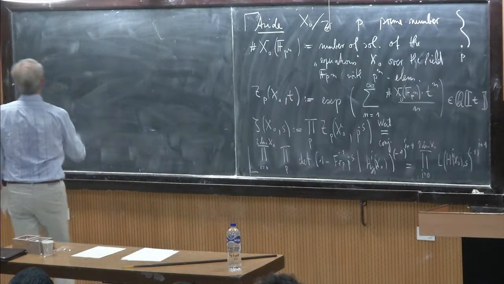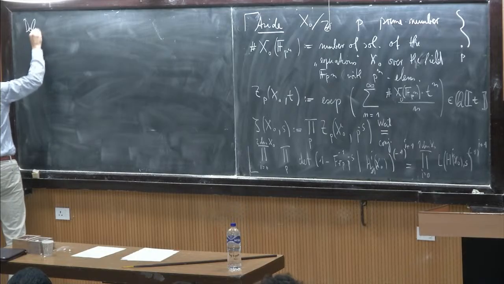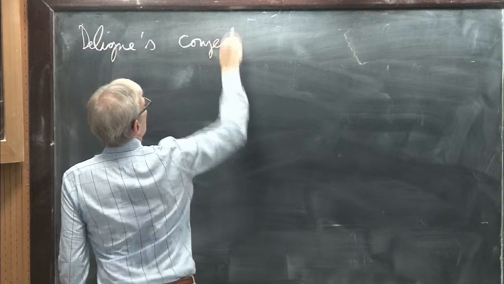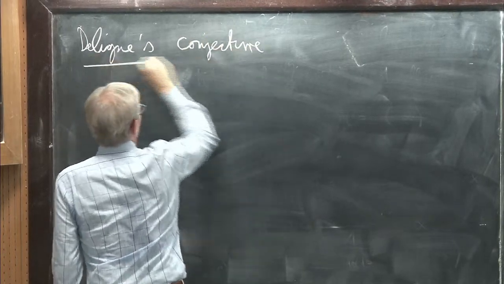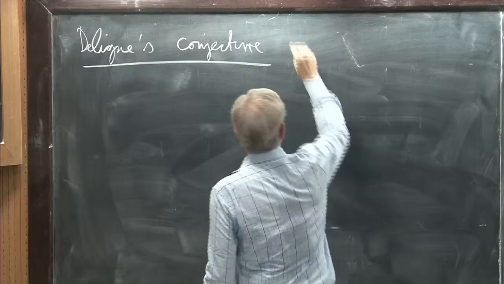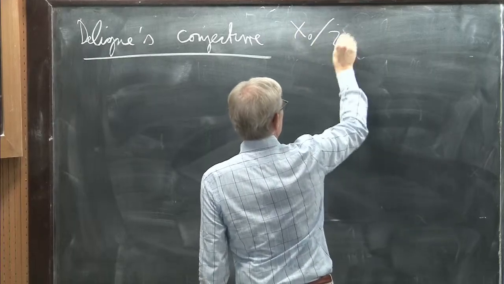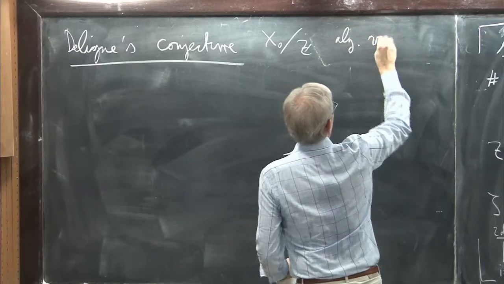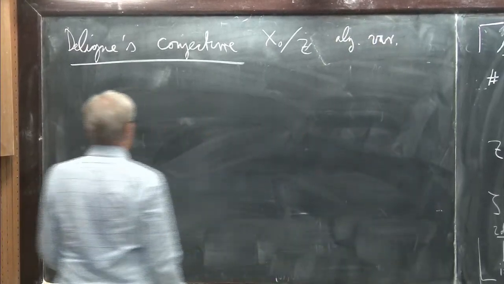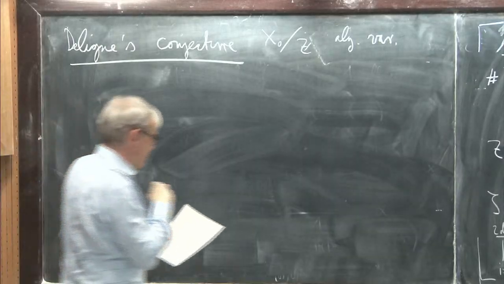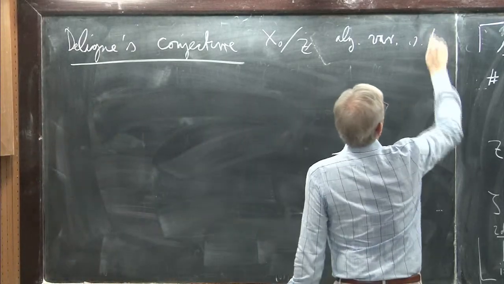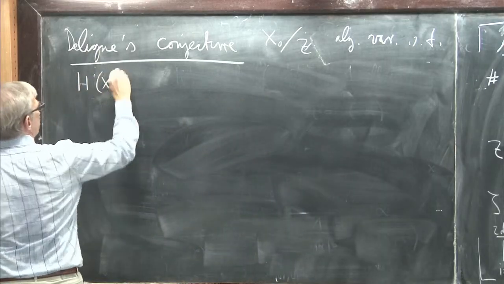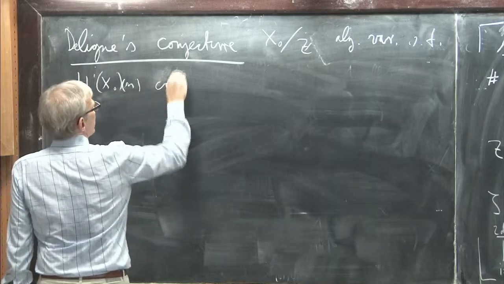So de Ligne's conjecture is now as follows. It simply says, if we have such a variety over Z, that's a simplification, an algebraic variety, I don't want to bother you with the technical details here, and it's such that the H^i at x0 is critical in the sense defined above.